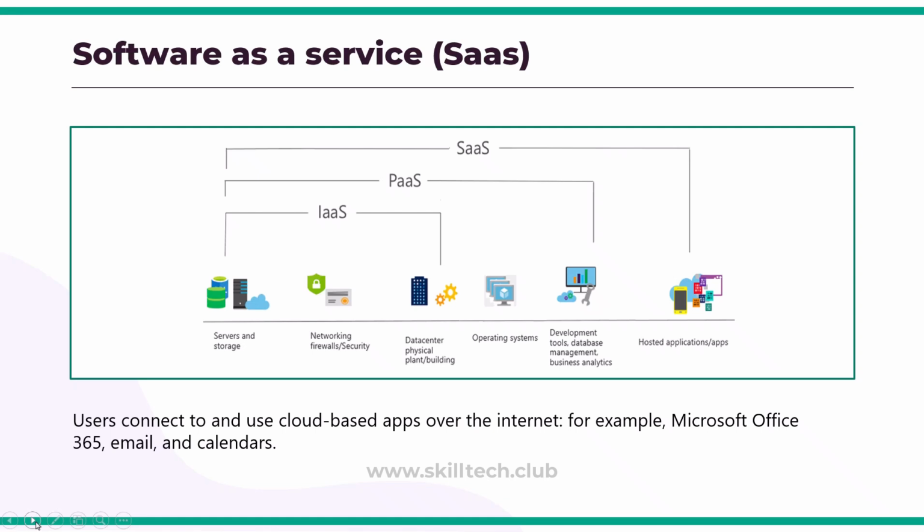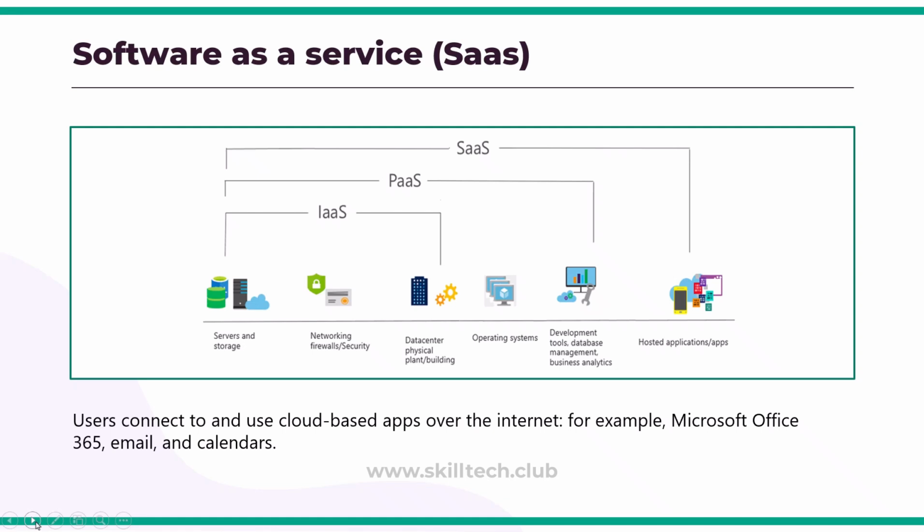When you use OneDrive or Microsoft Office 365, these are already hosted on the cloud, which means you can use them as a user. You can connect to those applications over the internet, and what you can do inside software as a service is only those things which are available as a feature in that application.